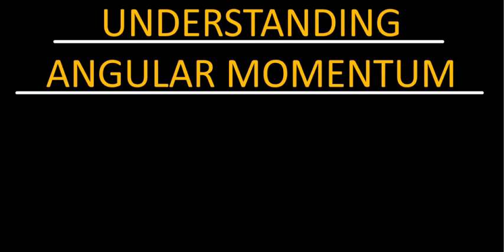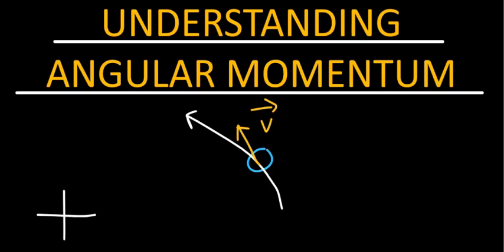Now let's assume the same object is moving along this curve, like that. At that point, it has a linear velocity v, and the position vector of that particle is given by this vector r. And this position vector is defined with respect to that origin.